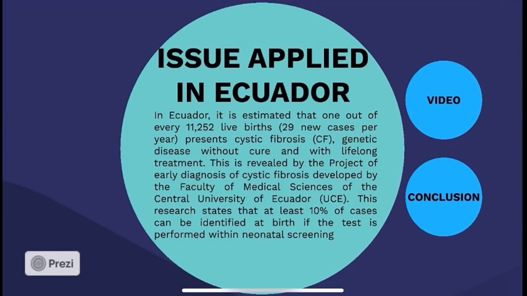This is the project of early diagnosis of cystic fibrosis developed by the Faculty of Medical Science of the Central University of Ecuador. This research states that at least 10% of cases can be identified at birth if the test is performed with neonatal screening.